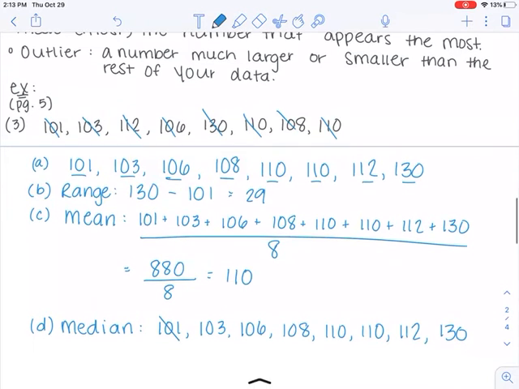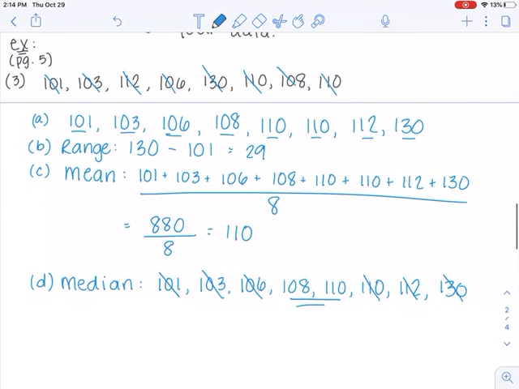So I'm going to cross off one on each side, then the other, then the other. Sometimes if you have an odd number, you'll be left with one number in the middle, which would be your answer. However, when you have an even number of numbers, and two numbers are left over in the middle, we're going to find the mean of those numbers.